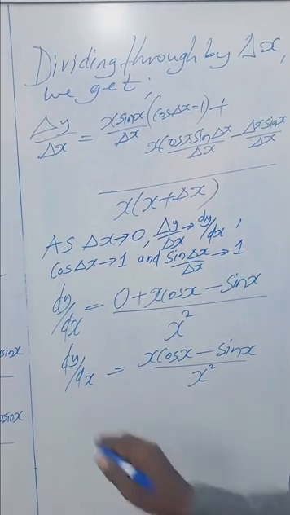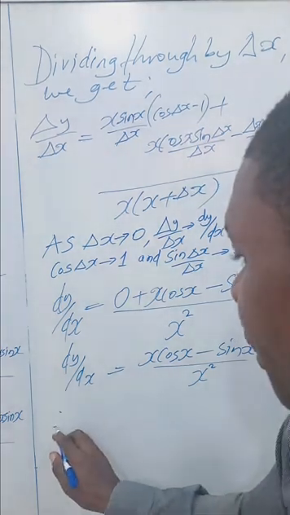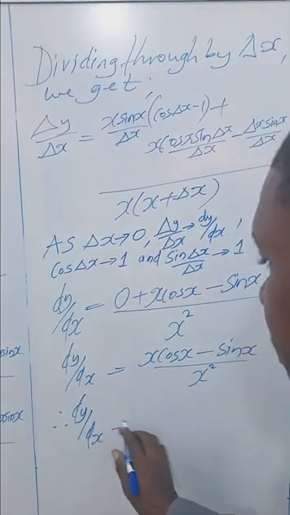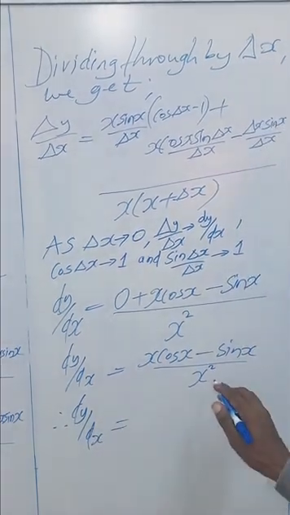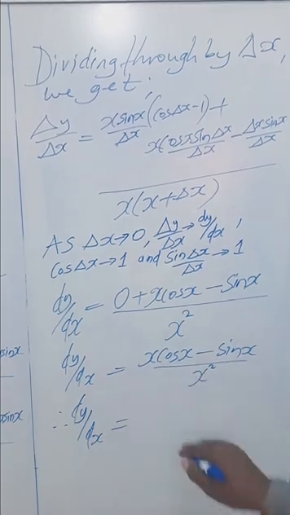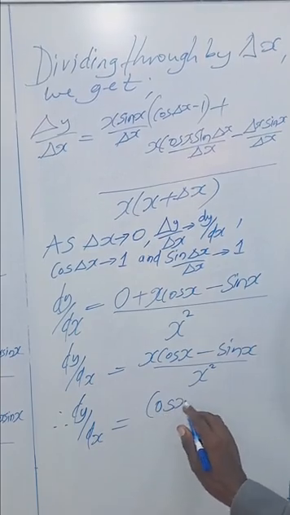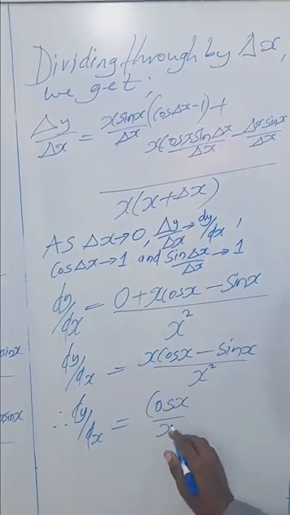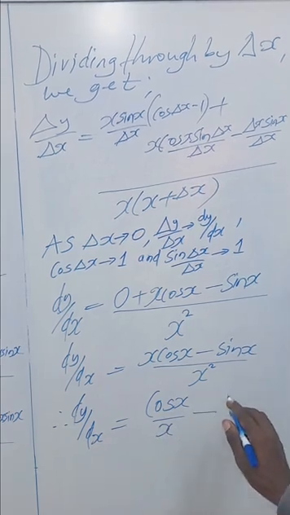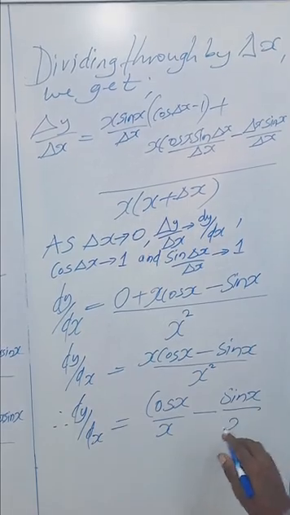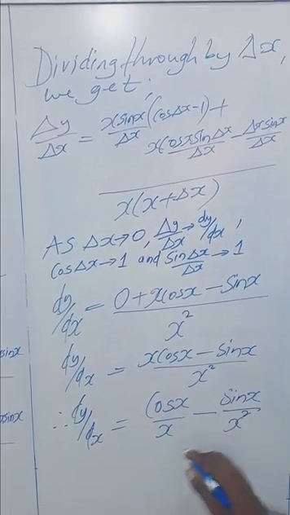Therefore, dy/dx is equal to, if we simplify, divide here by x. The first term will become cos x divided by x. The second term will become sine x divided by x squared.